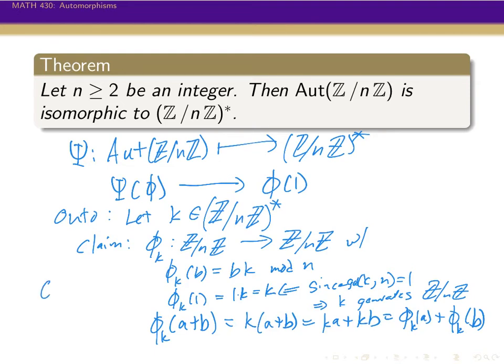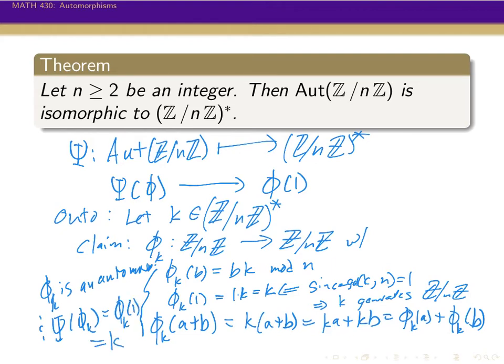So phi sub k is an automorphism, and psi of phi sub k is equal to phi sub k of 1, which is just k. So that shows that psi hits everything in the multiplicative group of Z mod nZ.